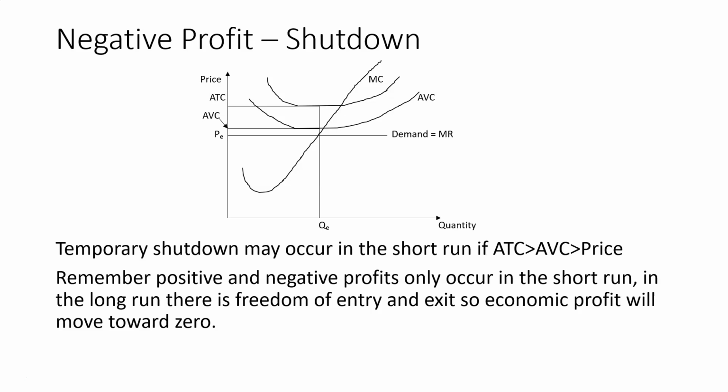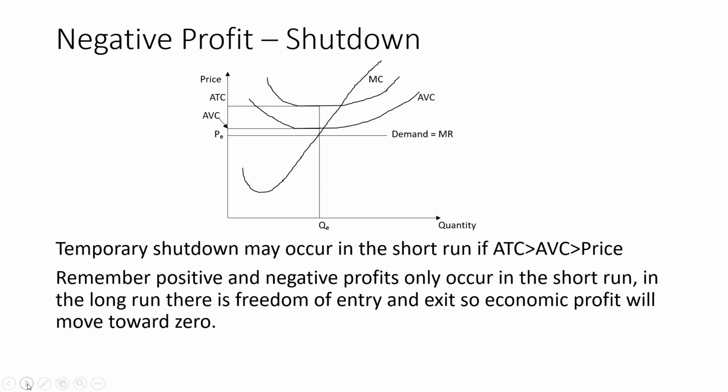Okay, so the graphs we've looked at so far have all been short run curves. What we need to do now is look at what equilibrium would look like in the long run. How do you know you're in long run equilibrium?